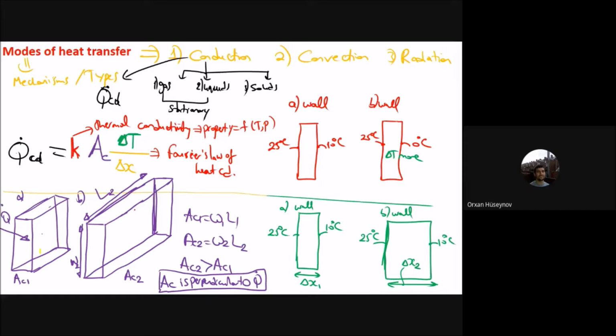And this Fourier's law of heat conduction is the simplified form. But in reality, Fourier's law of heat conduction is something like this: Q_cond is K A dT by dx.